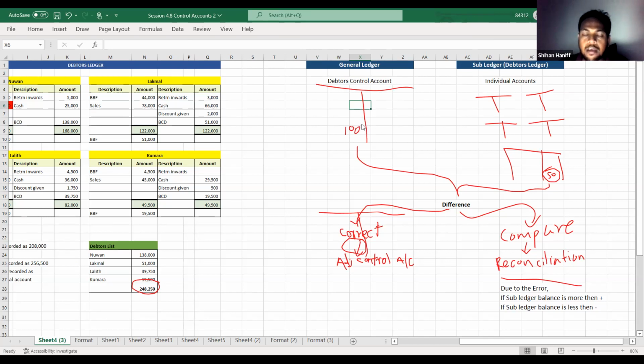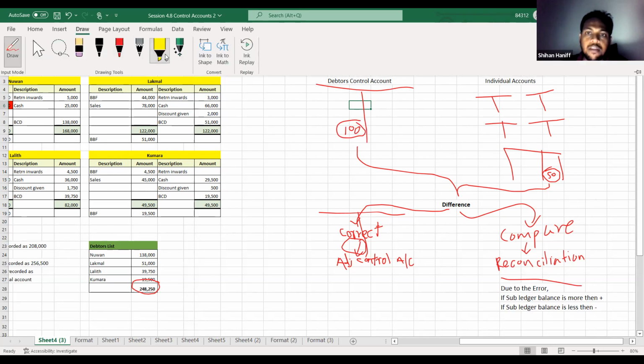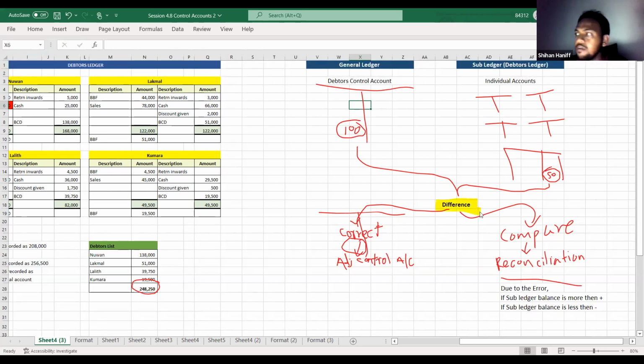If there is a difference between the debtors control account and the individual accounts, you need to see where the difference comes from.